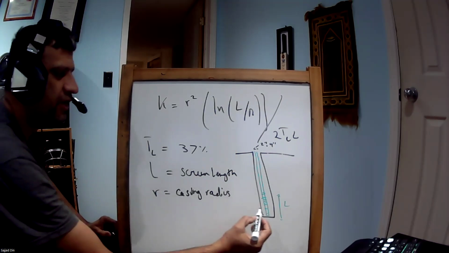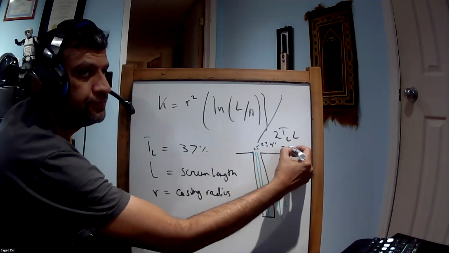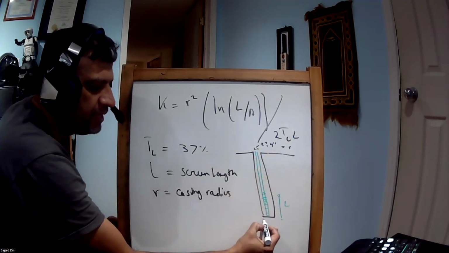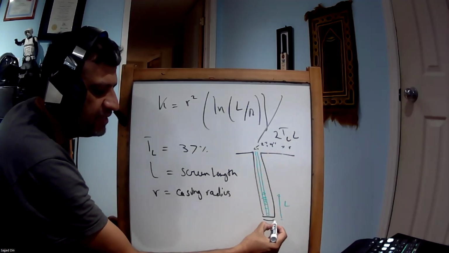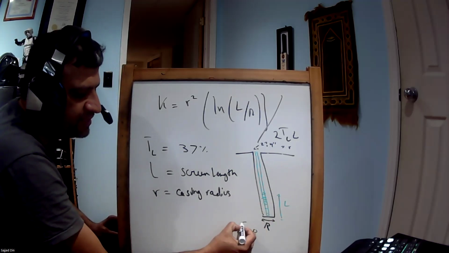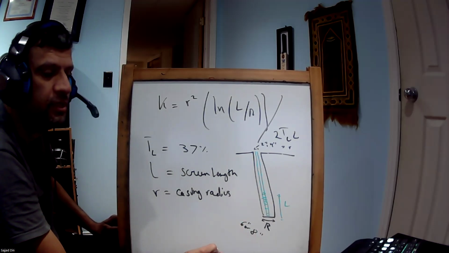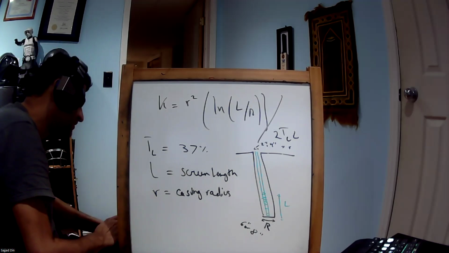And then the large R, so this is small r, the casing radius, and then this is the large R, that's the borehole radius. And that's usually around 6 inches or 8 inches. Okay, so this is where it gets interesting.